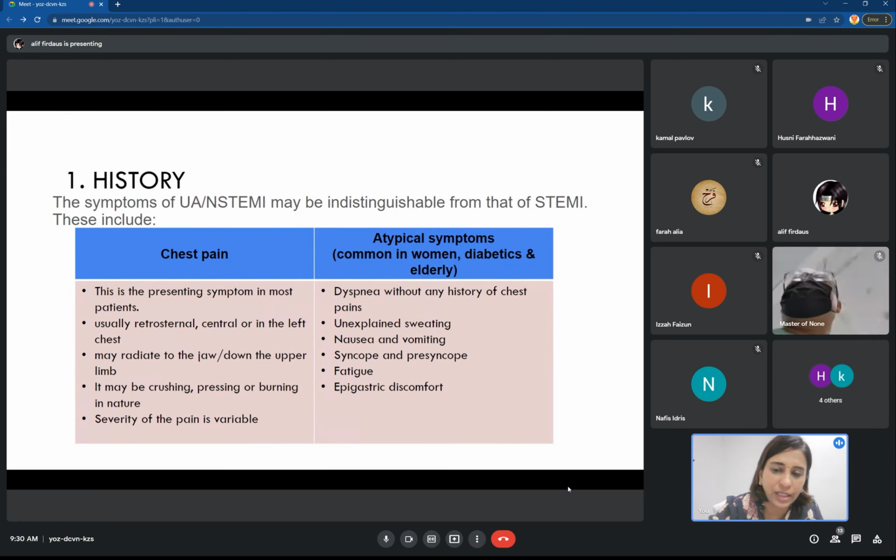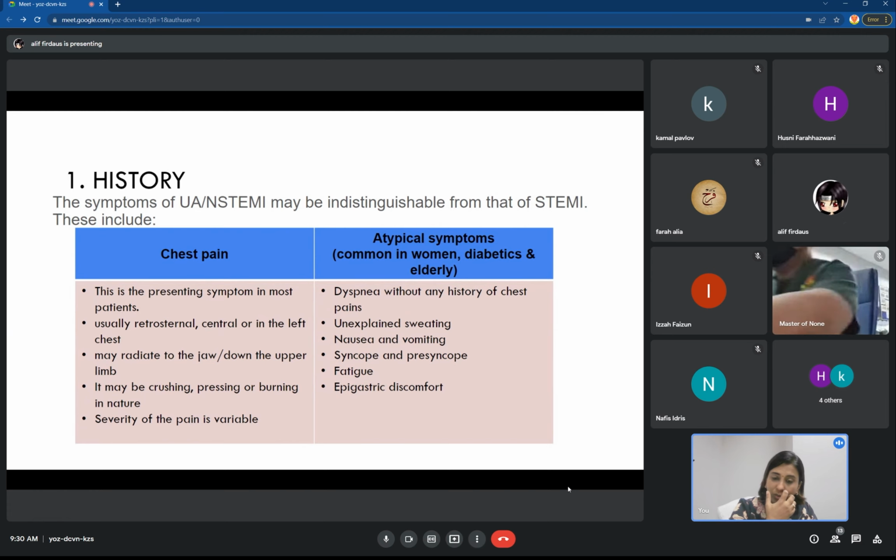Their presentation is very atypical, especially coming with epigastric pain and marked tiredness, and then our common diagnosis, we will write GERD, right? Or lethargic for investigation. This is a normal scenario where we tend to miss, very often, the non-STEMI or unstable angina in this group of patients. So history in general comes with 80% of the weightage when we are providing a diagnosis for any impression. Okay?